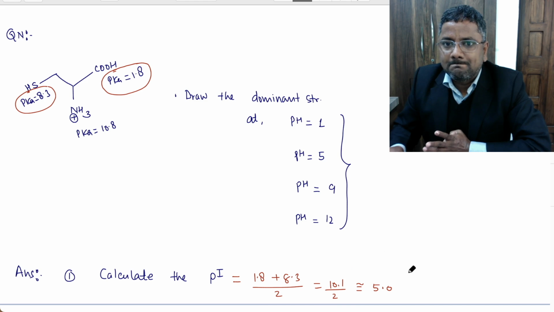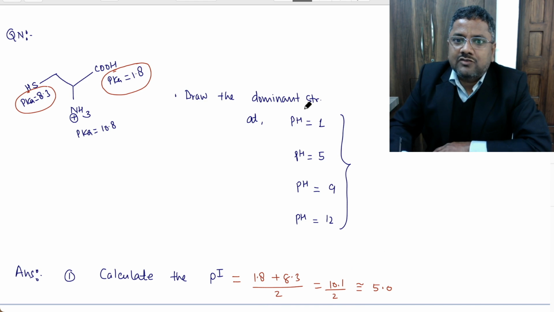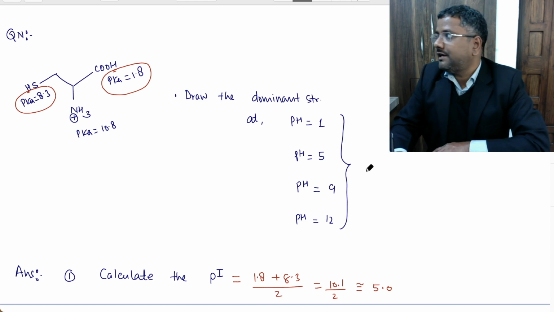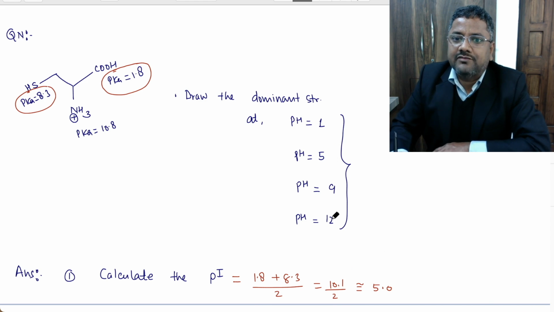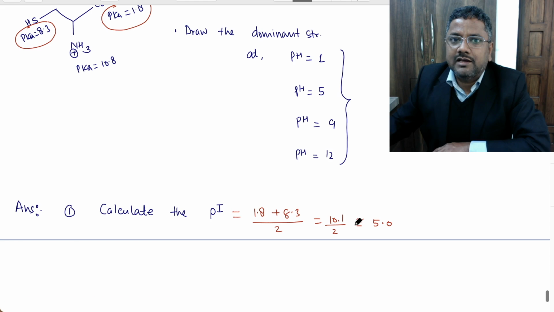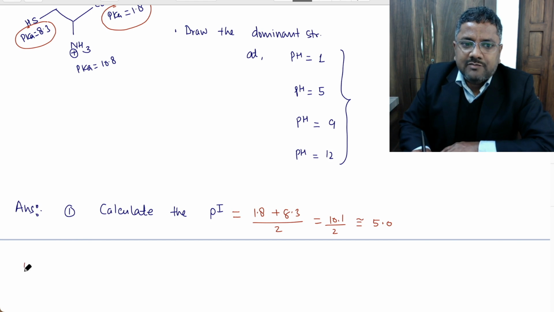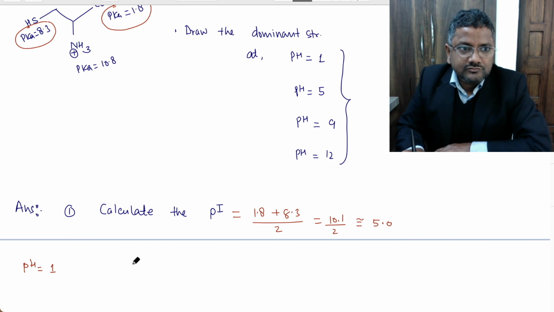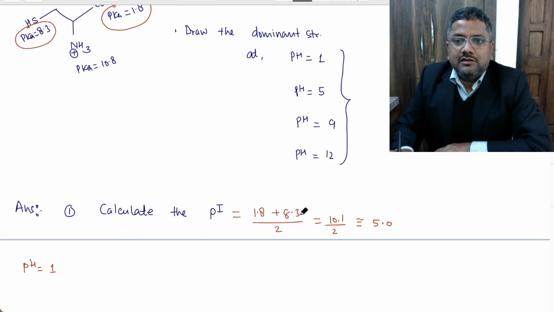So the question asks to draw the dominant structure at pH 1, 5, 9 and 12. See the answer at pH 1. At pH 1, this is less than the isoelectric point, 5.05.